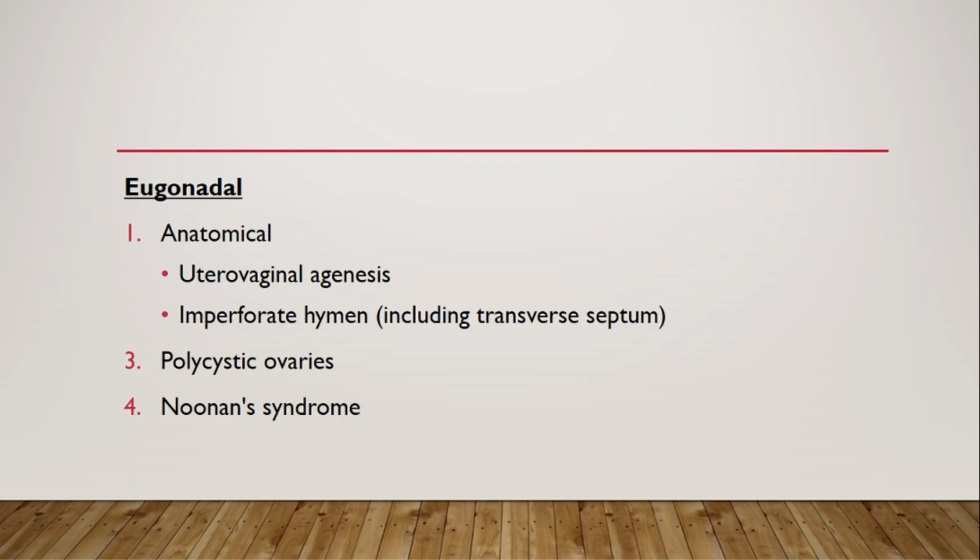The polycystic ovaries is the second type of eugonadal condition that you see. This polycystic ovary will arise before puberty or in the post-pubertal period, and this will cause a high level of androgens. And in these patients, the ovaries will be enlarged, and they may present with amenorrhea, infertility, and menstrual disorders.